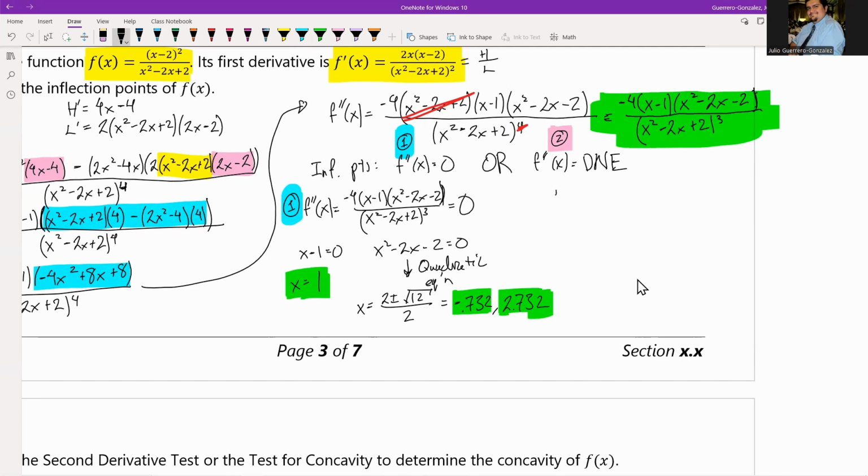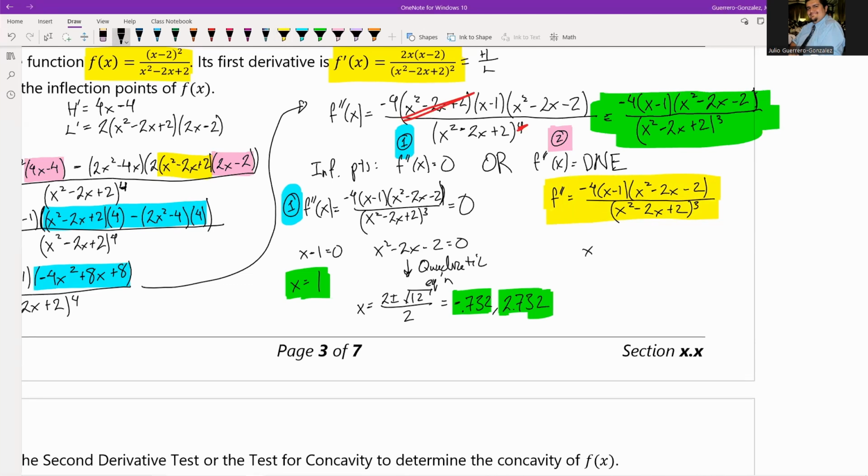So we need f double prime is equal to minus 4 times x minus 1, x squared minus 2x minus 2 over x squared minus 2x plus 2 cubed. So we need this thing right here, the second derivative, to be undefined or does not exist, correct? So we already did that work though.